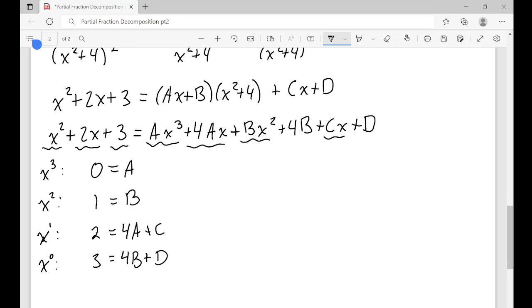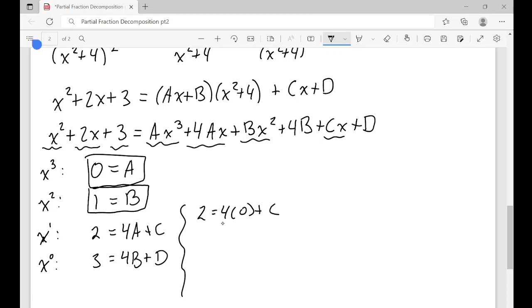So now I have two answers already, a being 0 and b being 1. Now I got to find c and d. So if I plug in 0 for a, I'm going to end up getting 2 equals 4 times 0 plus c, which is going to be 2 equals c. So easy enough.